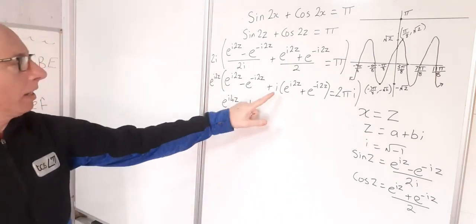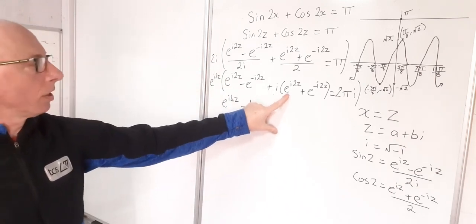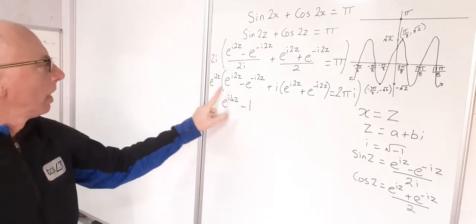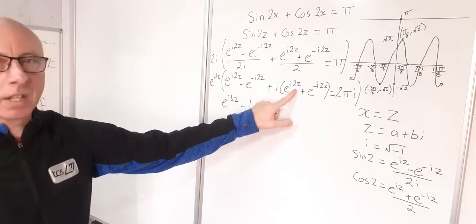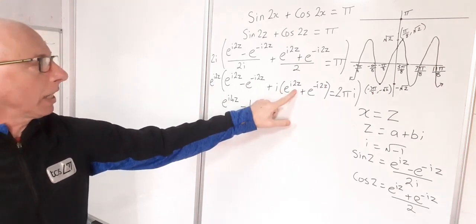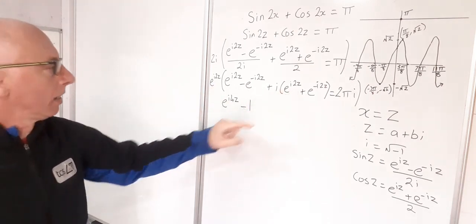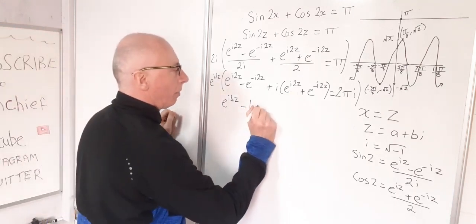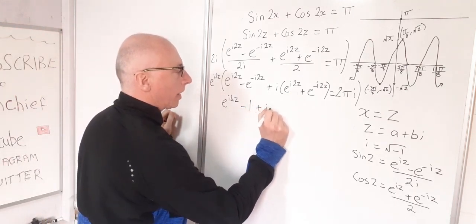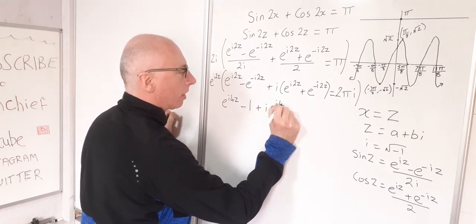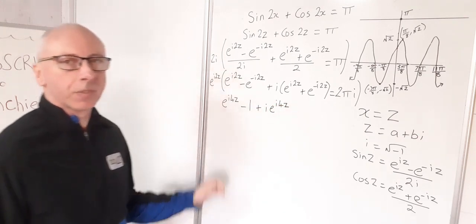And then same here, I've got i, which is a constant, to be multiplied by the exponential. I've got e to the i2z times e to the i2z, that's going to give me e to the i4z. Okay, so I've got plus i e to the i4z.